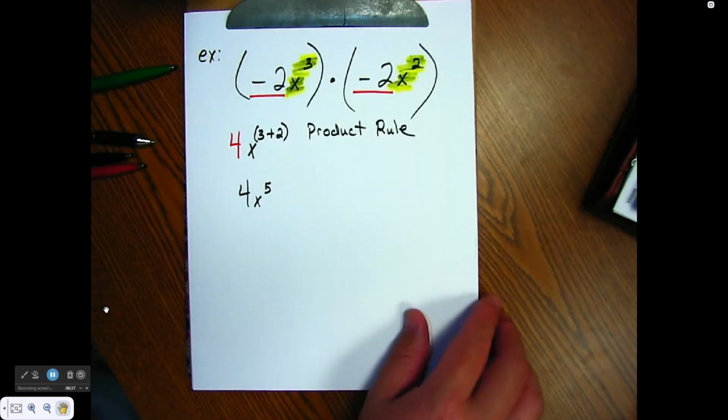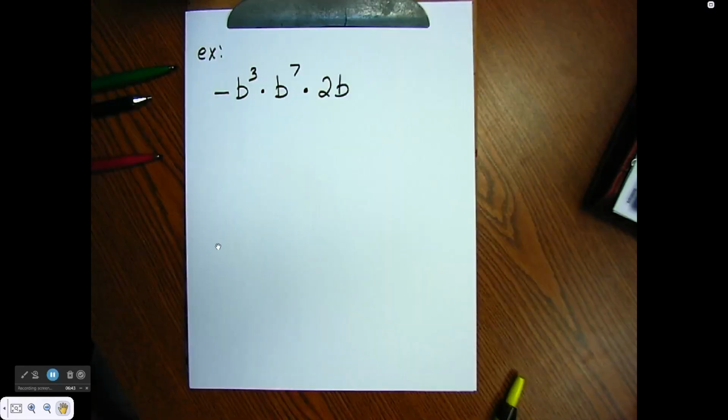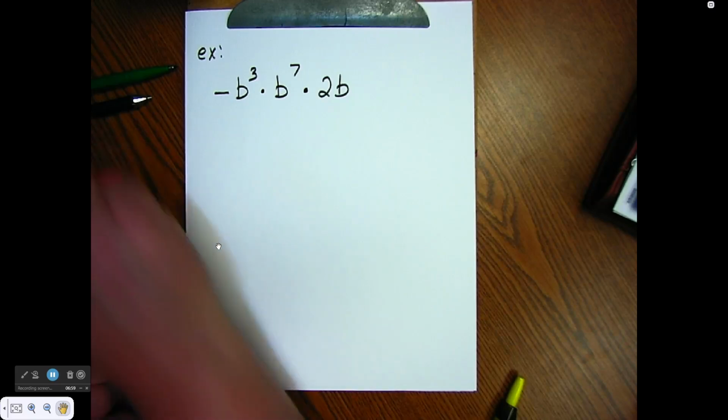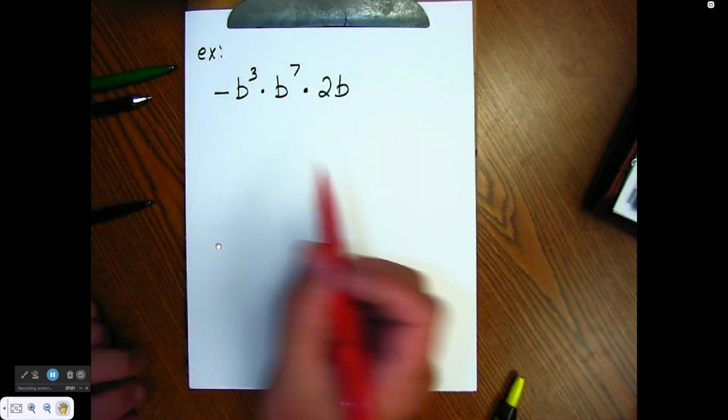Let's look at another example. In this example, we have negative b to the third times b to the seventh times 2b. The first thing that we want to do is multiply our coefficients together.